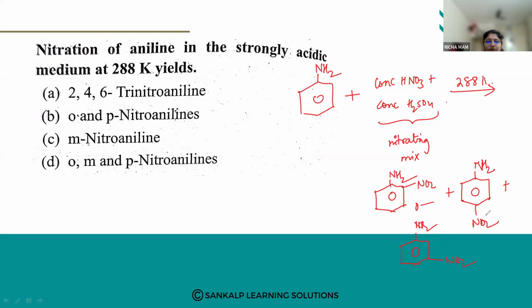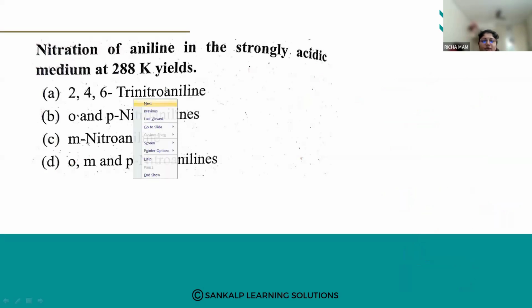So this is orthonitroaniline, paranitroaniline, and metanitroaniline. We are going to get a mixture of nitroanilines, that is ortho, para, and meta. So when you carry out nitration of aniline in strongly acidic medium, I'm going to get ortho, meta, and para nitroaniline. Let us go for the next question.